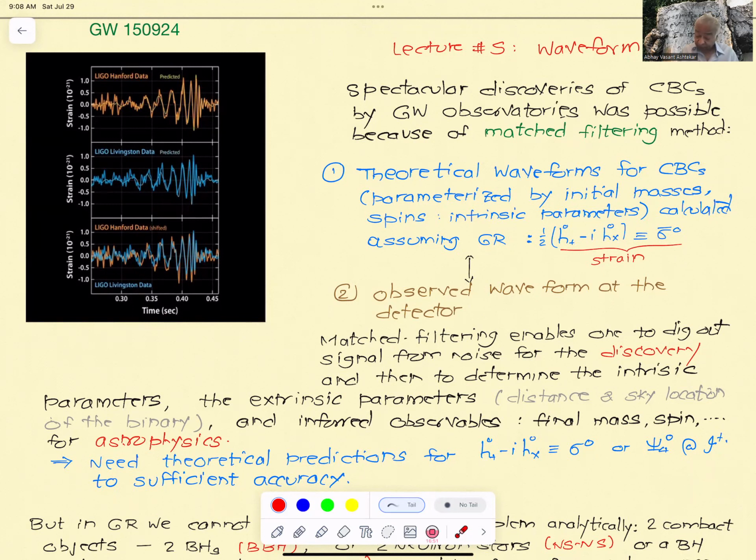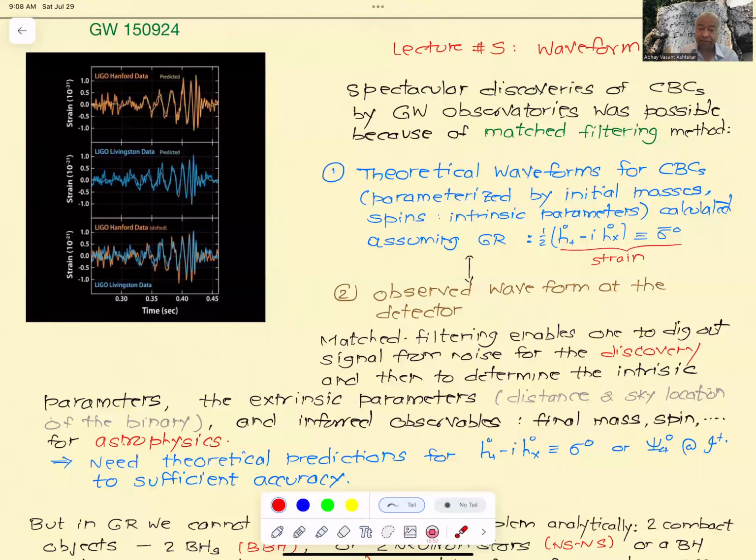And what one calculates, or what one matches, is the strain, which, I've been mentioning this several times, is h plus, the plus polarization, minus i times the cross polarization, or in our language, the asymptotic shear, or in invariant language, the derivative operator D on scri.